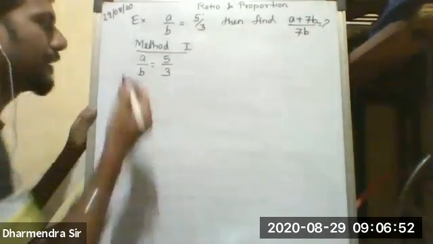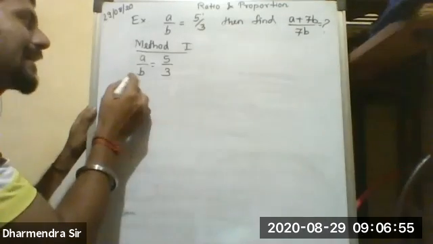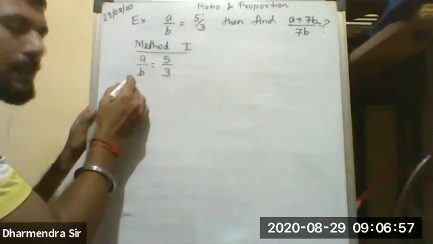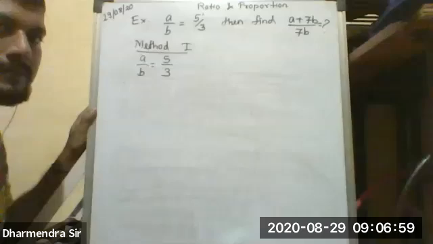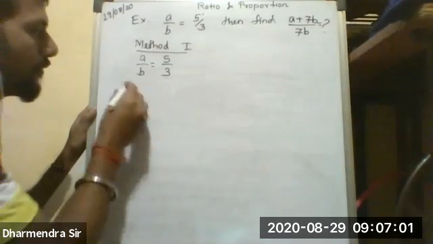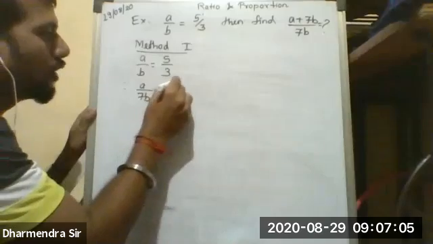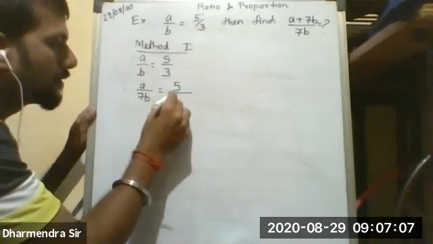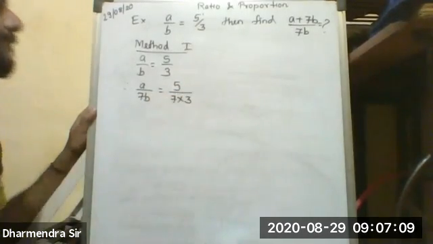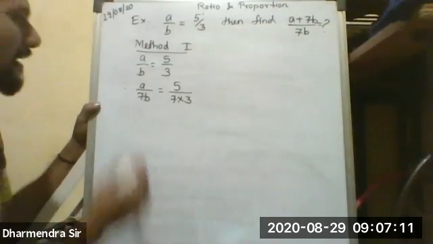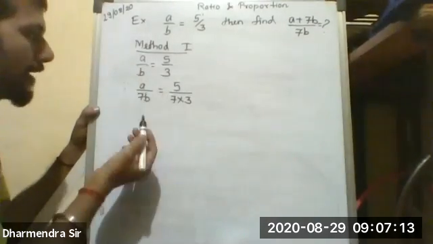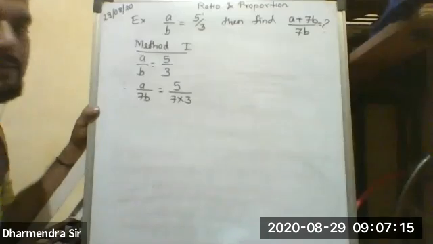I require 7B in denominator, as I can't see 7 present here. So multiplying by 7 in denominator on both sides, what we will get, A by 7B is equal to 5 upon 7 into 3. Is it okay? I think this is clear because for B it was 3, for 7B it will be 7 times 3.